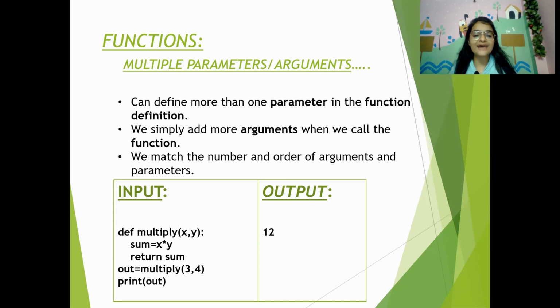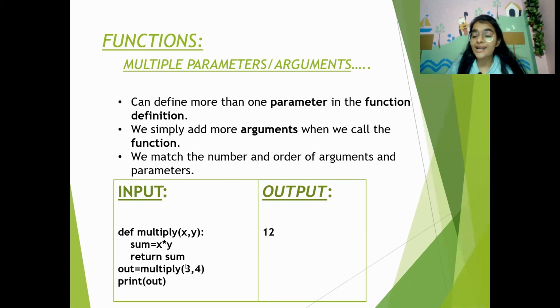But the condition is that the number and order of arguments in the function call must match the number and order of arguments in the function definition. For example, here multiply is the name of the function. There are two arguments, x and y, and while calling multiply there are again two arguments, 3 and 4. So this is the function call, and here is the function definition. The number and order of arguments in the definition match those in the function call, right?